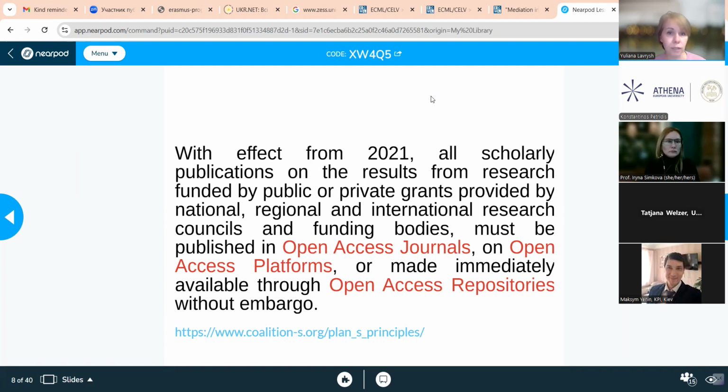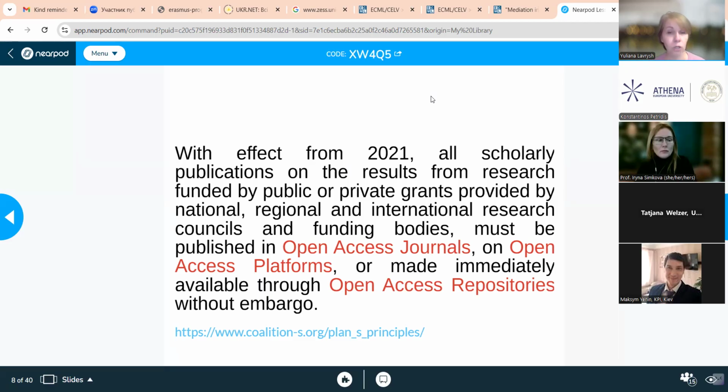So all research funded by public and private grants provided by national, regional, and international research councils and funding bodies must be published in open access journals, open access platforms, and they should be made available through open access repositories.